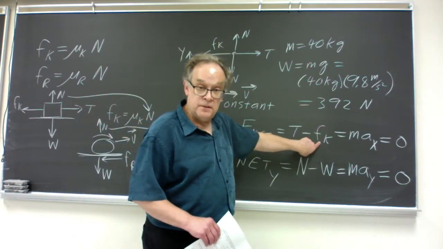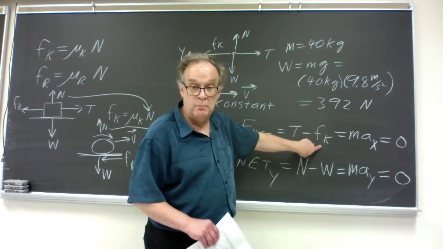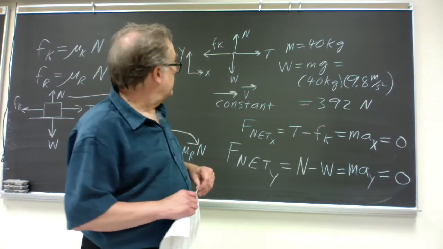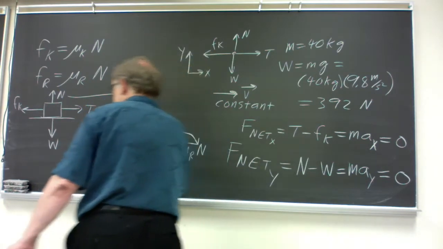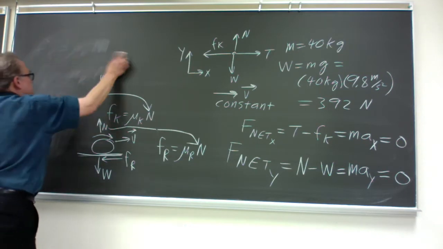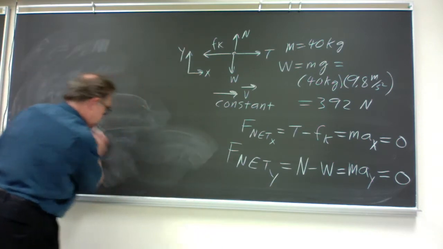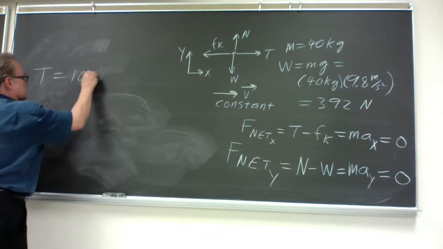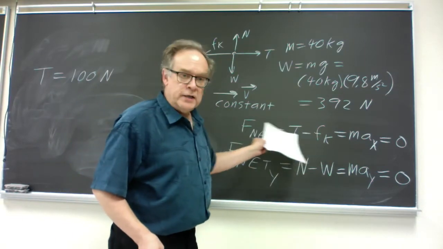Now we need that number there, or rather we're looking for the coefficient of friction, which is one number hidden in here. And let's say that I'm pulling with a tension of just 100 newtons. Tension is 100 newtons. So then let me rewrite this.